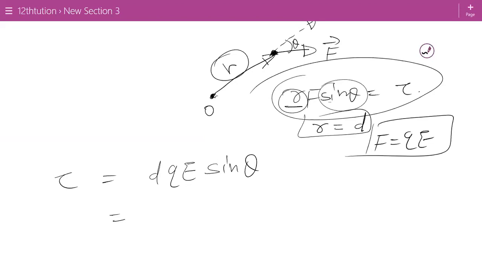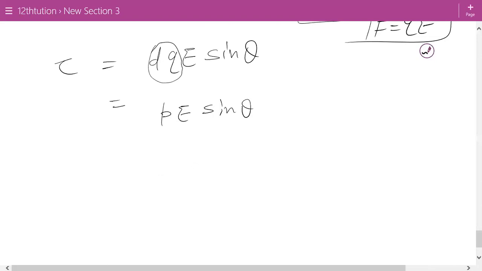So this qd can be written as the dipole moment P. So the torque is P E sine theta. That is the formula of the torque, and it is very important. This can be written as torque vector equal to P cross E also. The same thing, right?